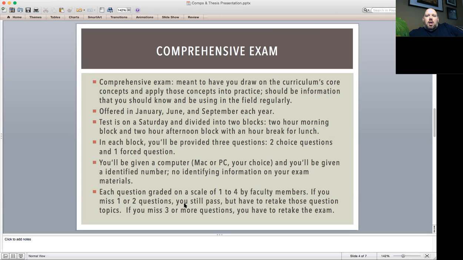And again, we would work with you. What I always do, for students who miss 1 or 2 questions, or miss 3 or more questions quite honestly, is try to set up a meeting so the student can come in and meet with me, look at the exam, and we go through line by line, word by word, and talk about why they got the score they did.